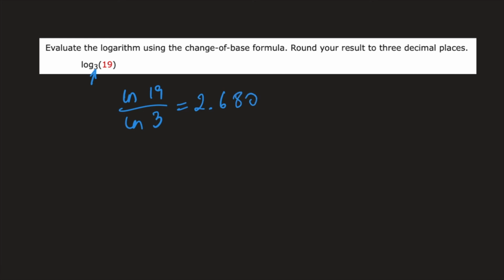2.680. To check your answer, think about whether this answer makes sense. You can convert this into an exponential function just by taking the base to this power. Therefore, 3 to the x power is equal to 19. Well, 3 to what power is going to give me 19? Well, 3 to the first power is 3. 3 to the second power is 9.